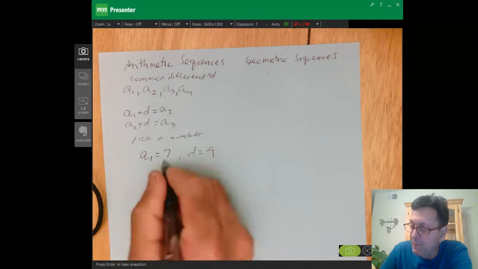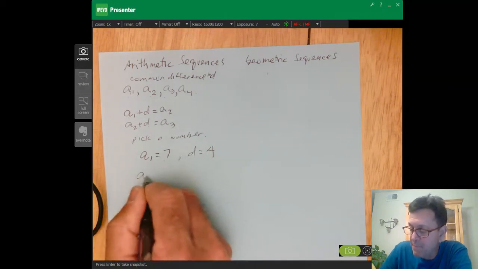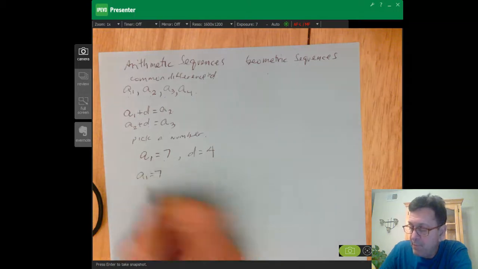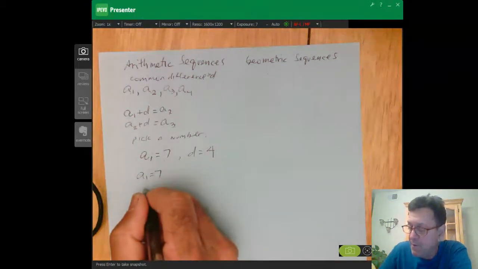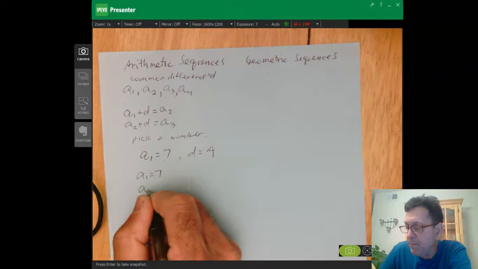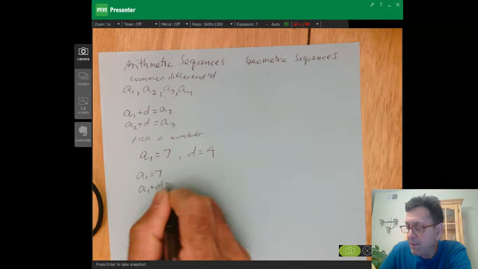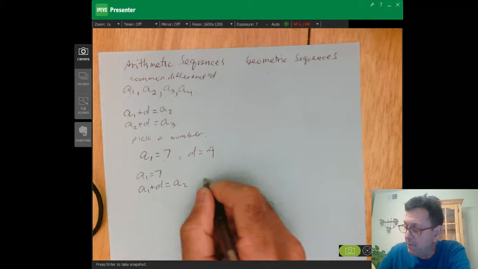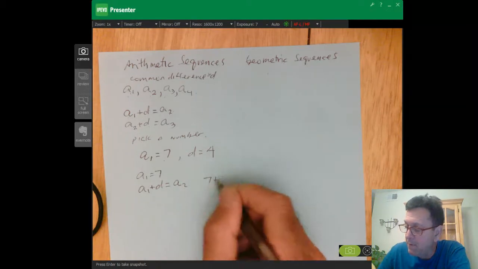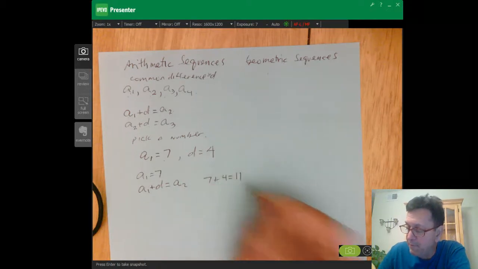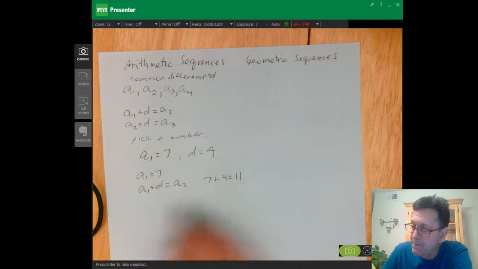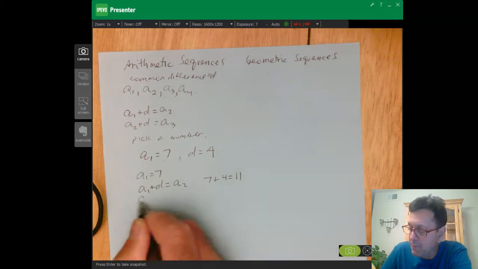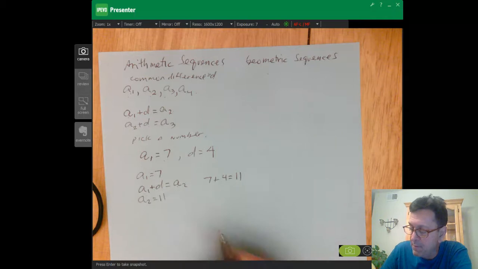So if A sub 1 is 7, we want to know what A sub 2 is. A sub 1 plus D is going to give us A sub 2. So we say 7, and then 4, that gives us 11. So A sub 2 equals 11.